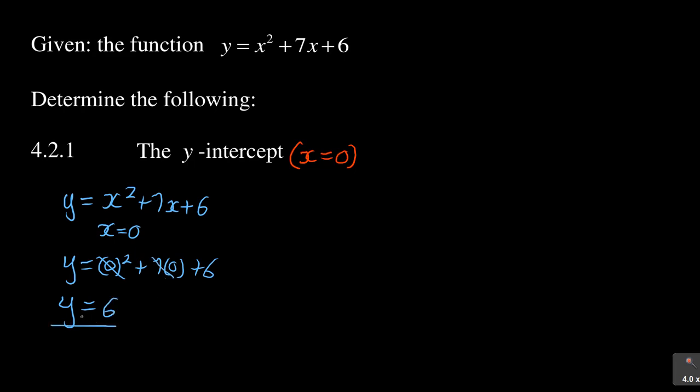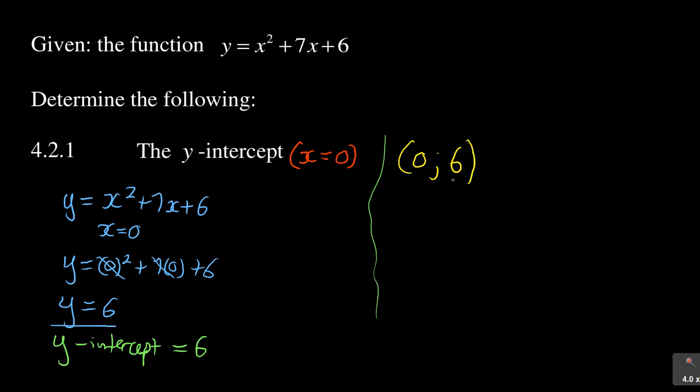So if they want us to find the y-intercept, you can see that the y-intercept is equal to 6. Sometimes they will request this answer in coordinate form, so this is not how you're supposed to write it, but should they request it in coordinate form, you're going to write it like this: when x is 0, y is equal to 6. Usually they want you to sketch such graphs, so you must know this is also 1 point to remember.